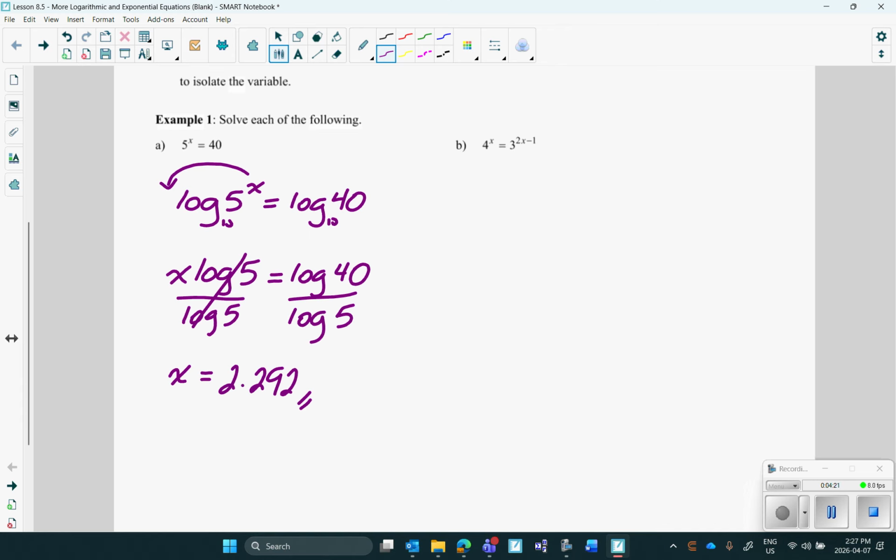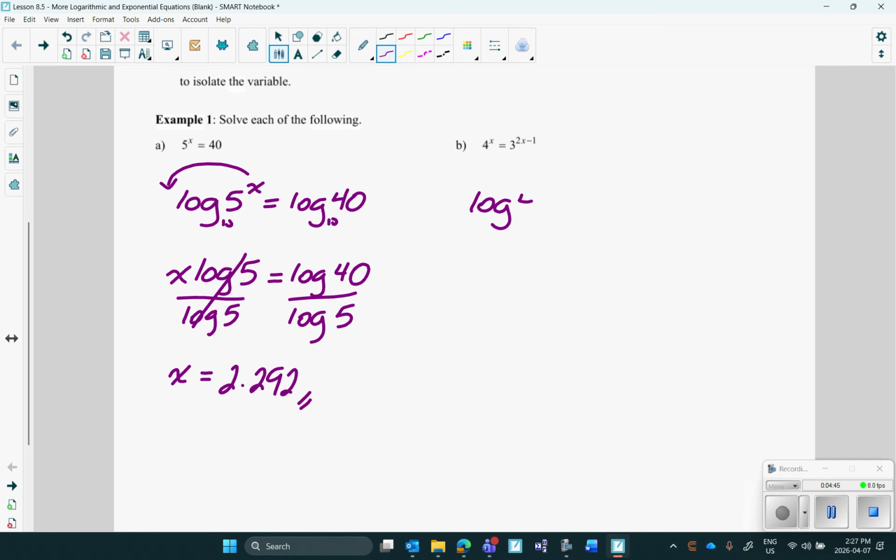So that's how we solve exponential equations where we can't write the bases the same. We have to do logs. So for example, b. Well, I can't make the bases the same, 4 and 3. So I'm going to have to log both sides.